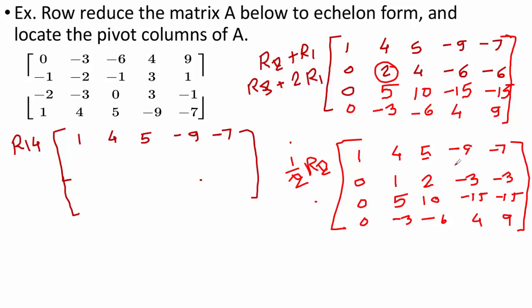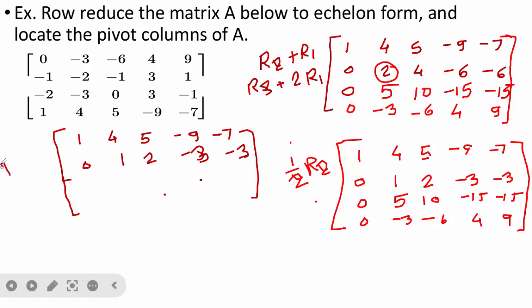Therefore the first row remains as it is. The second row will also remain as it is, 0, 1, 2, -3 and -3. For the third row we are subtracting 5 times the second row, that is R3 minus 5 times R2.